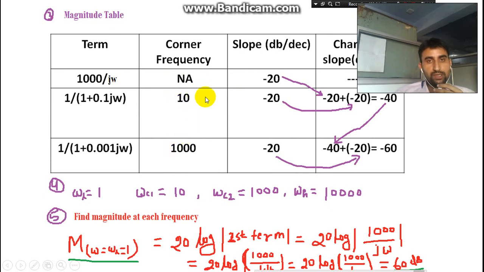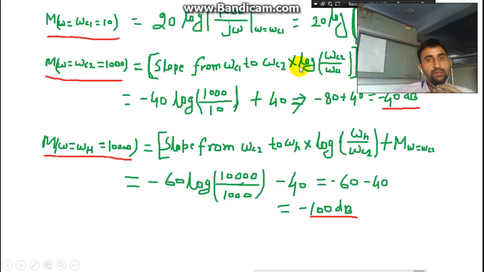Between omega c1 and omega c2 our slope will be minus 40, and from omega c2 further our slope will be minus 60, and before omega c1 our slope is minus 20. So the slope between omega c1 and omega c2 is minus 40 log of omega c2 value 1000 divided by omega c1 value 10, plus the magnitude at omega c1, which is 40. So we have minus 80 plus 40 is equal to minus 40 dB.